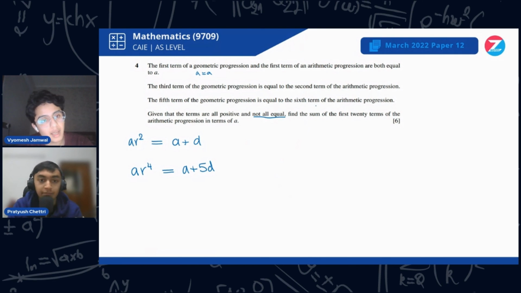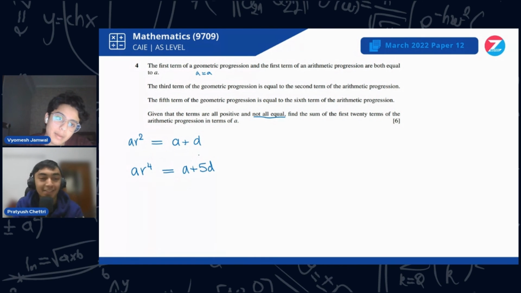Immediately, I think of dividing both of them to find r squared. I've done this question and nobody liked it. What's your first instinct?